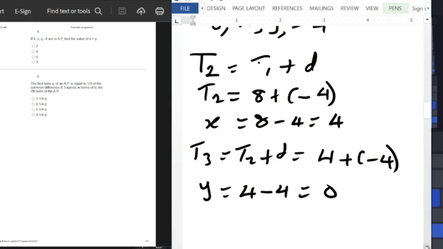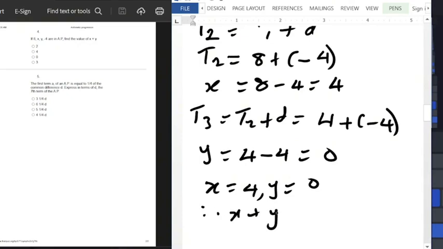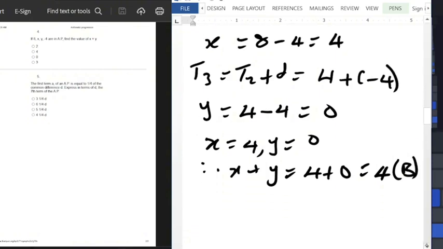Therefore, x equals 4 and y equals 0. We are asked to find the sum of x and y. So x plus y equals 4 plus 0, which equals 4. So the answer is option B.